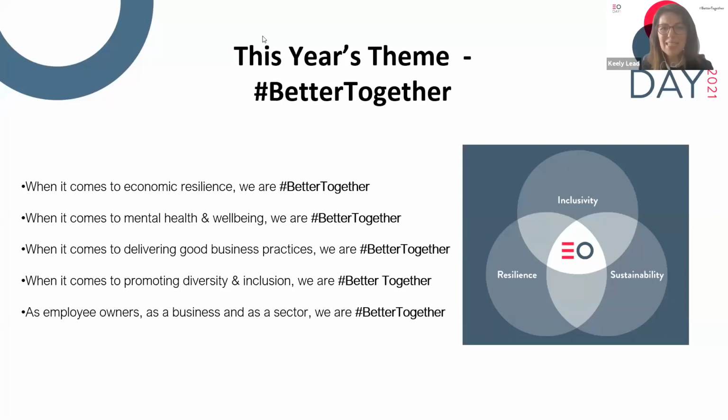So here I am in sound and in picture. There we go. So again, thank you for joining us today. I'm going to talk to you about the theme of EO Day this year. And there's nothing like change and disruption to make you think about what's important. This past year, we've been thinking about what's important to us, what's important to our members.